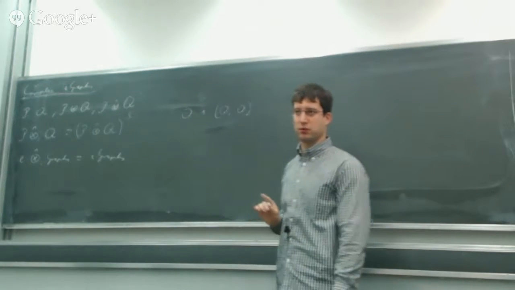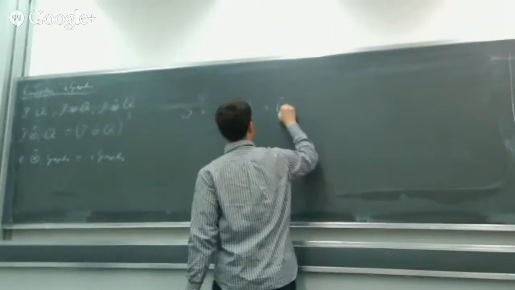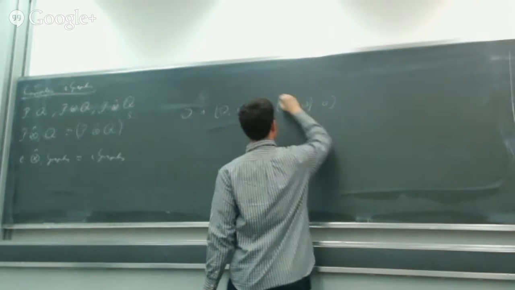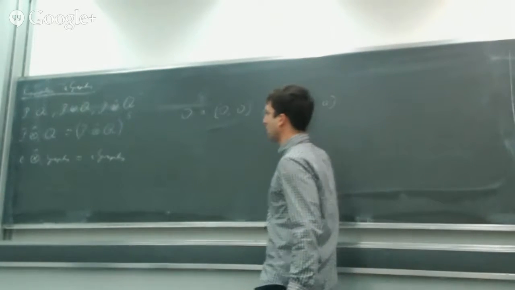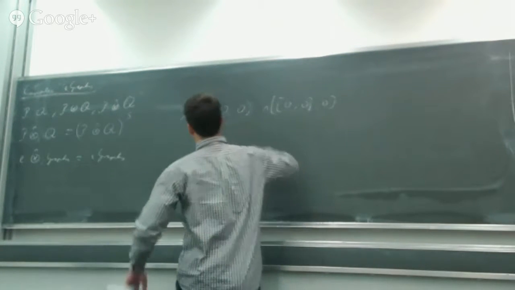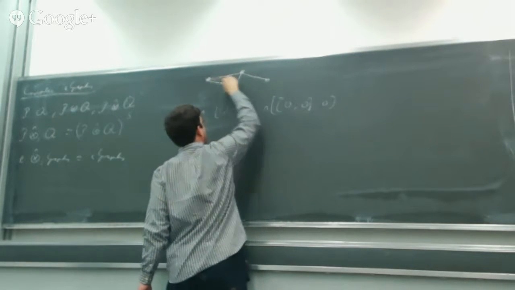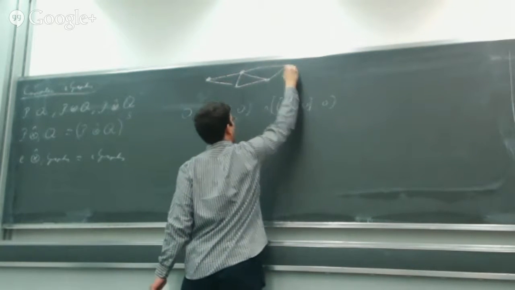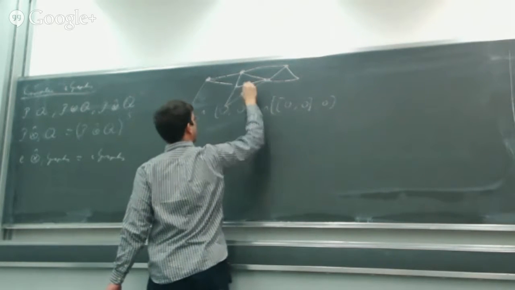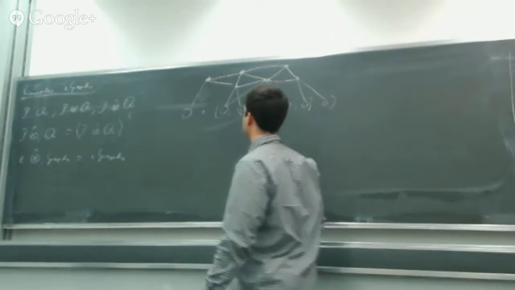Circle means input. Okay, so something of this kind is here, but here is something of this kind, where these are connected to them.